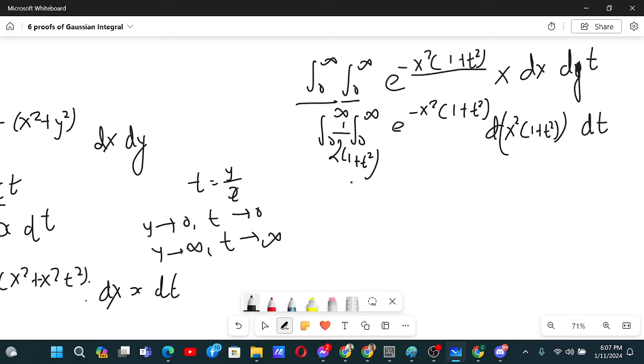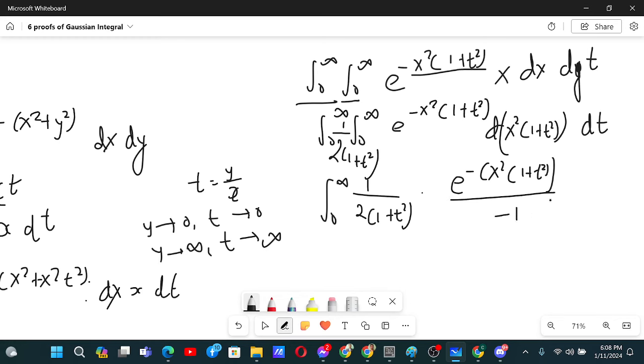Now if we do that, integral from 0 to infinity of 1 by 2 times 1 plus t square, and over here this will just be e to the power minus x square 1 plus t square by minus 1 from 0 to infinity times dt.